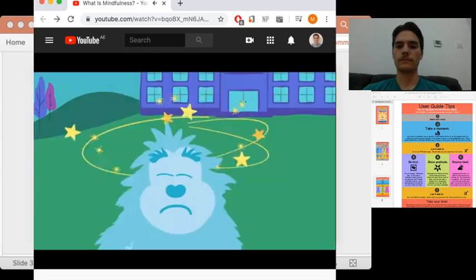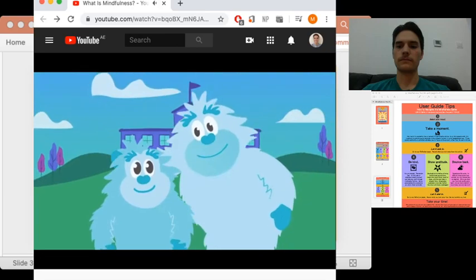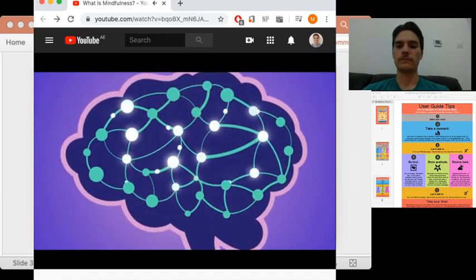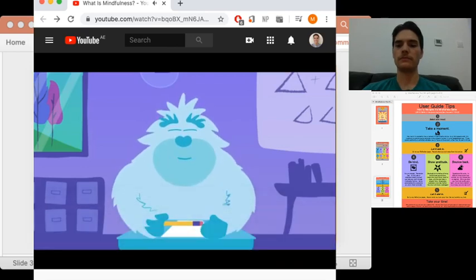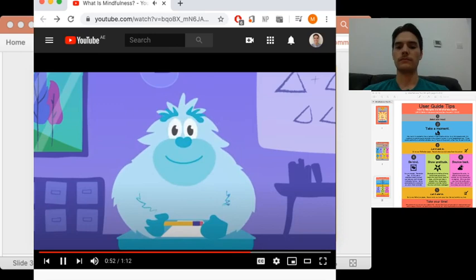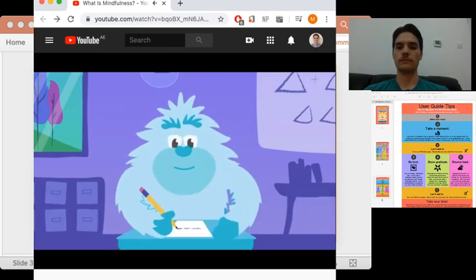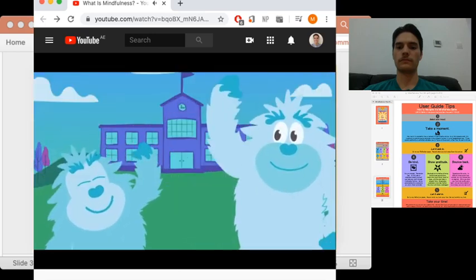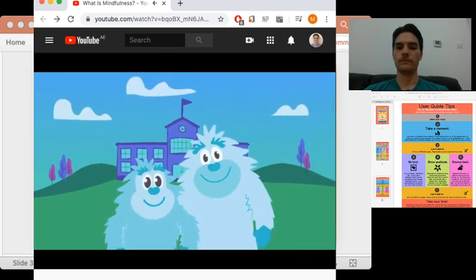Mindfulness is also being kind to others and yourself, even when you're having a hard day. According to scientists who study the brain, practicing mindfulness can help you get better at calming down, focusing, and connecting with other people. And all of those things are pretty important, both at home and at school.